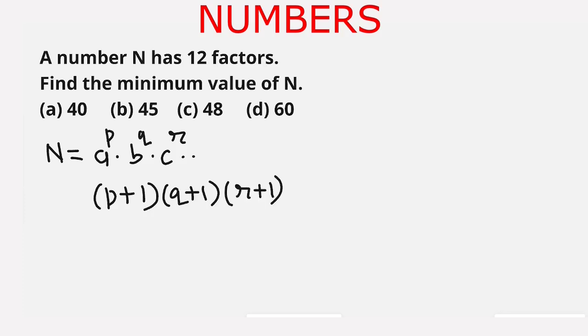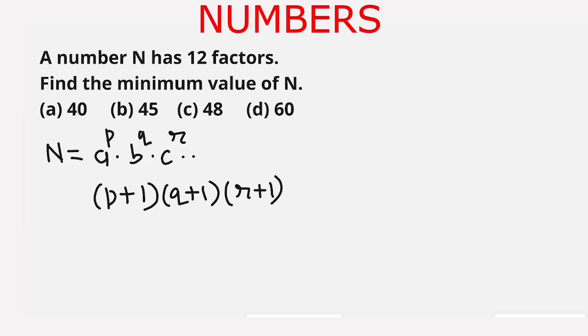So this (p plus 1) into (q plus 1) into (r plus 1) is given to us as 12. If we have only one prime factor, then if p plus 1 is 12, then p equals 11, and if it has the power 11, then it will be a big number.